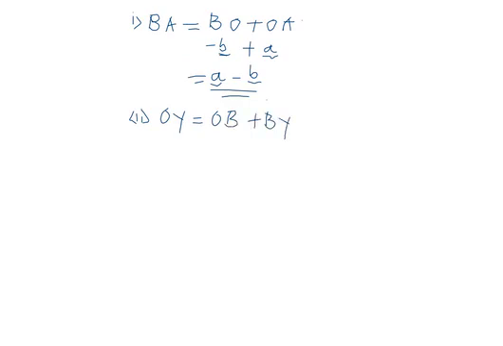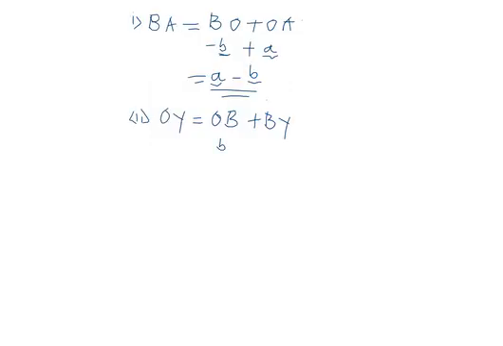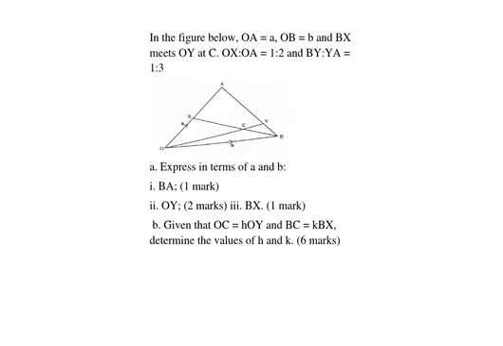That way we will have moved from O to Y via B. So from O to B, that is vector B, plus BY. BY, the ratio of BY to YA is 1:3. So BY will be 1/4 of BA.